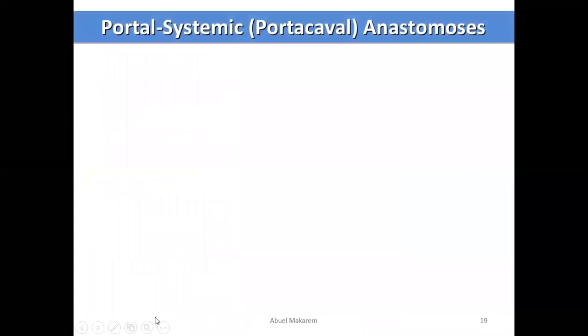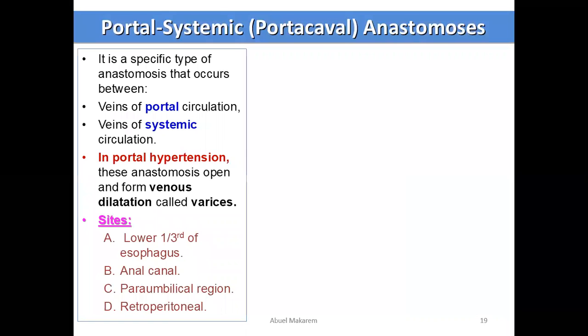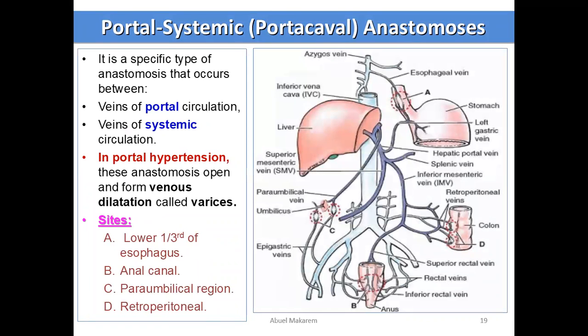Okay. Now coming to something called the portocaval anastomosis, the portal systemic anastomosis. I think we had studied it before also, in the case of the esophagus and other parts. It is present in the lower part of the esophagus, as well as in the anal region.